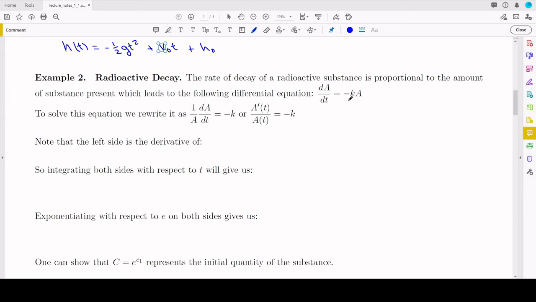Now, the first thing we're going to do is divide both sides by A. And then we can rewrite it as 1 over A dA dt equals negative k, or replace this by A prime of t, and then 1 over A becomes A of t, and that equals negative k.